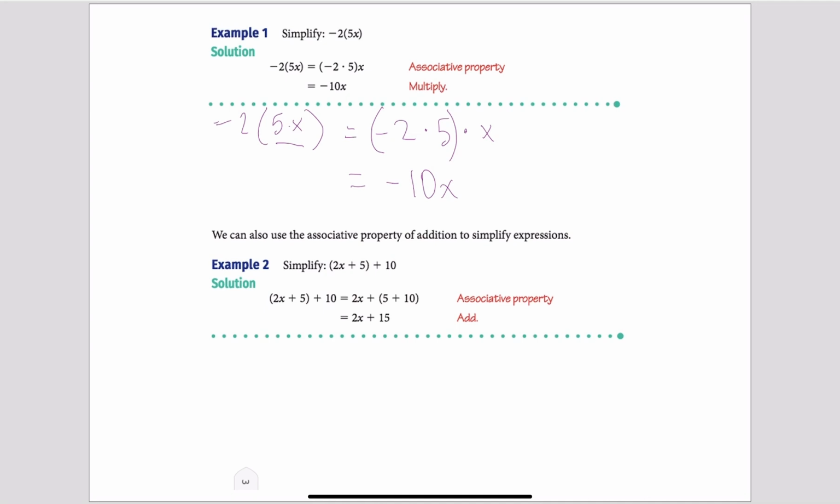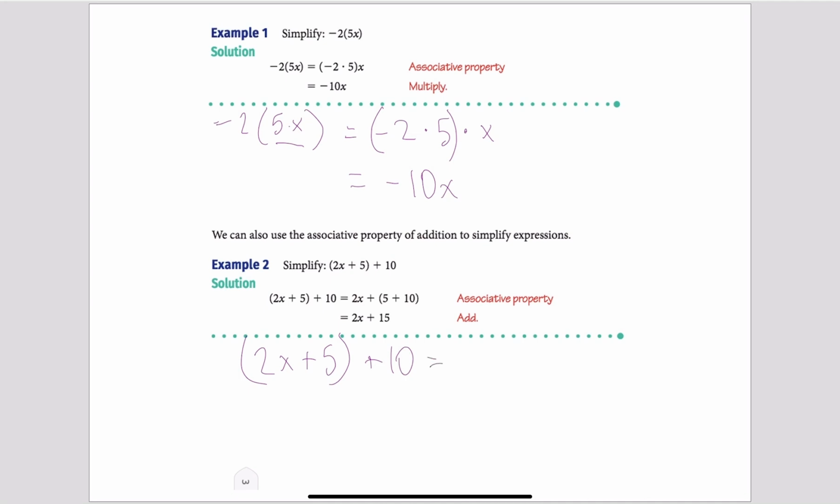In addition to the associative property of multiplication, we can use the associative property of addition in the same way. This problem essentially says 2x plus 5 plus 10.